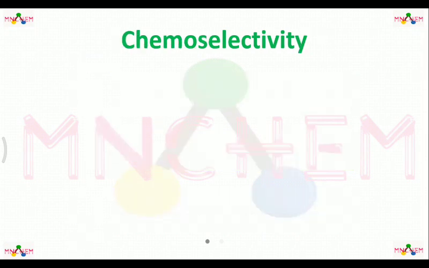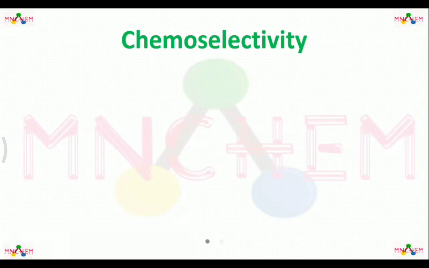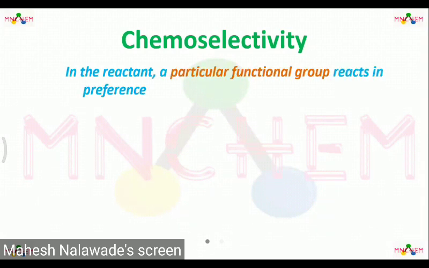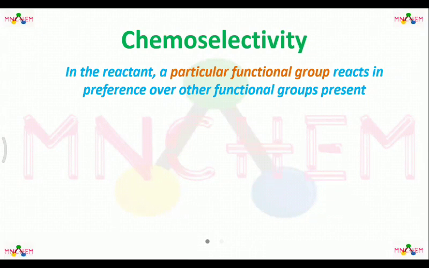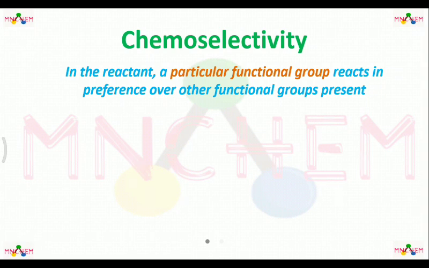So let's start with the first type of selectivity, chemoselectivity. What is chemoselectivity and how is it defined? In the reactant, a particular functional group reacts in preference over other functional groups present. So chemoselectivity refers to the question of which functional group reacts.